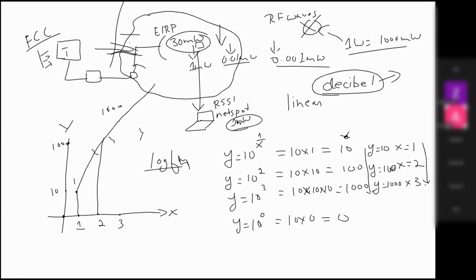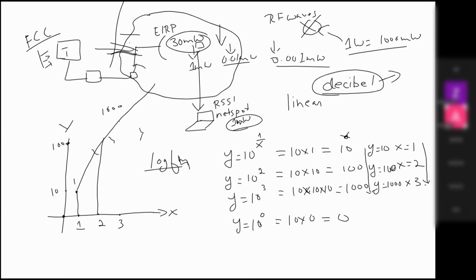So what is the solution for it? Decibel is the solution. So how are we going to use the decibel, and what is a decibel? Decibel is a relative value. It is going to help convert exponential changes into a linear scale.